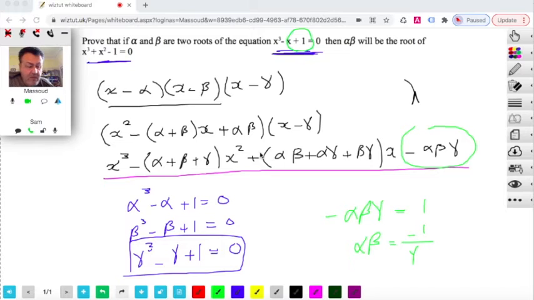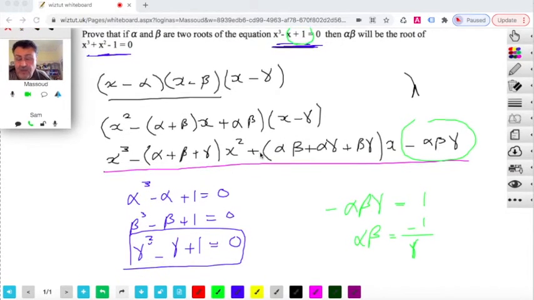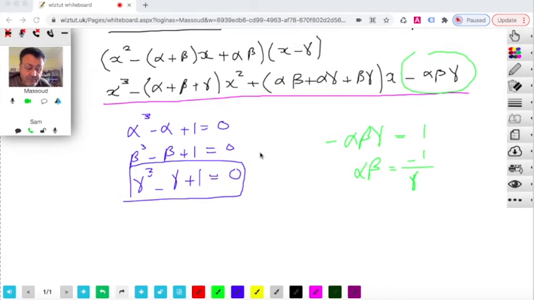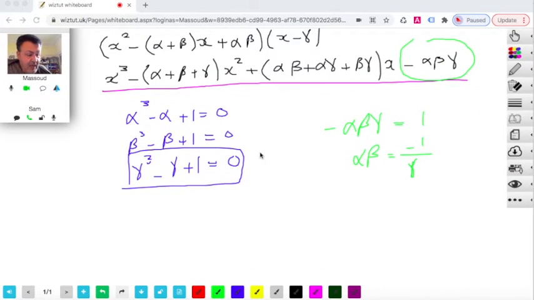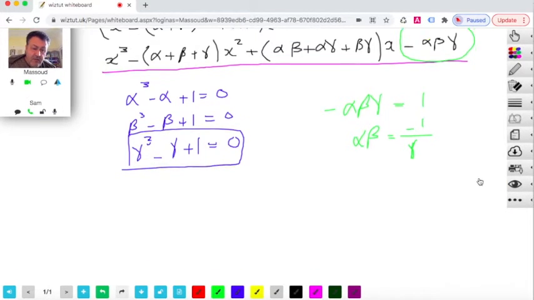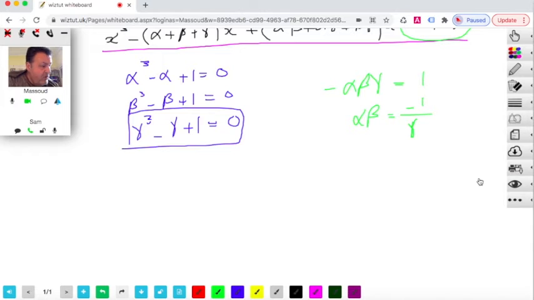So instead of substituting alpha beta into this cubic equation, I'm going to substitute the minus 1 over gamma into it. So we're going to substitute that in the cubic.